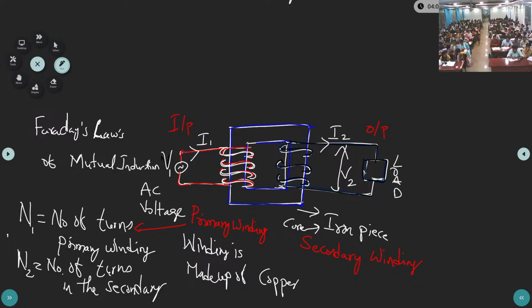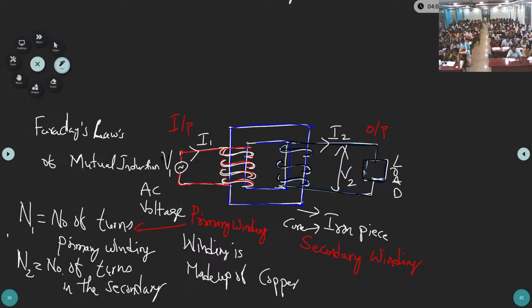Second one, winding. How many windings do we have? It may be any number of windings. A transformer may have any number of windings, but we require a minimum of one. The winding is wound around the limb.